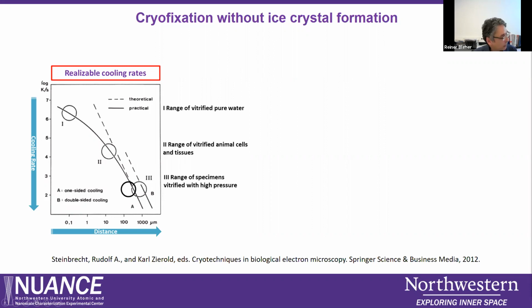So which cooling rates can be and have to be achieved, which is seen in this figure here on the left. From a theoretical point of view, cooling rates are limited by three factors: by the heat capacity and the heat conductivity of water, and by the heat flow that can be achieved at the specimen surface.